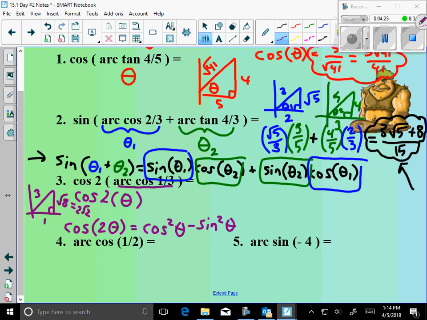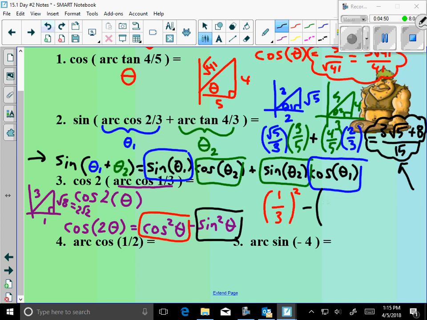So the cosine of 2 theta would be cosine squared theta minus sine squared theta. So let's write these out here. Cosine squared theta. Well, we're going to take the cosine of that, which is 1/3. We're going to square it. And then we're going to subtract sine squared. And sine is going to be a little bit more complicated. Maybe I'll leave it as root 8 to keep it simple.